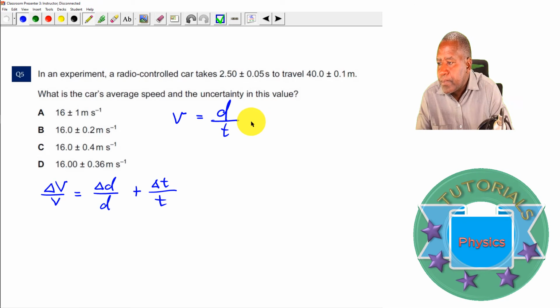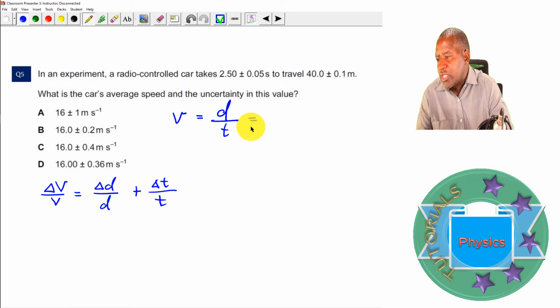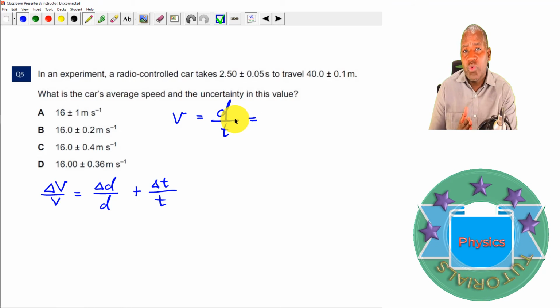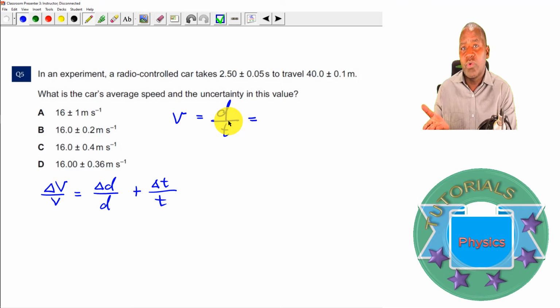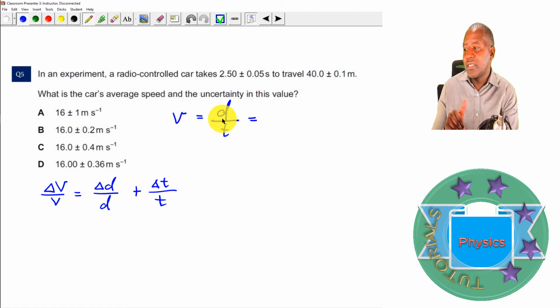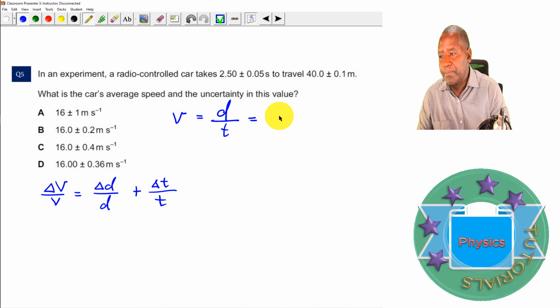I think it is important here that, unlike in the previous question where we saw no need for calculating the power because we wanted the percentage uncertainty, here it is important to calculate the speed.